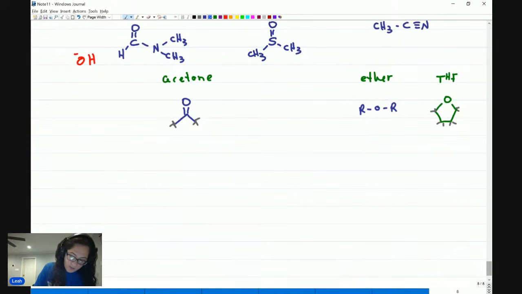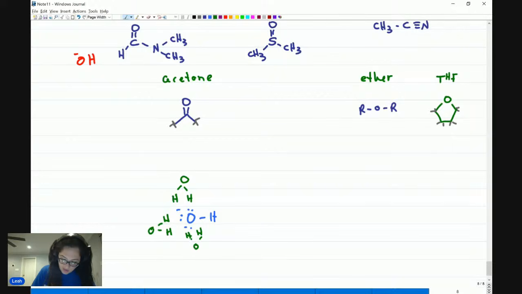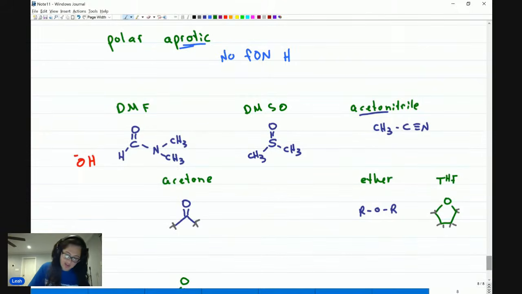If I take an OH minus and I throw it into a solution of water, in a solution that likes to have fun, that water molecule or the water molecules will immediately surround it like this. Partially positive hydrogens around the negative oxygen. And this right here is calm. It is not an angry nucleophile anymore. Therefore, it won't work for SN2. If we want that nucleophile to stay angry for SN2, we need a polar aprotic solvent.